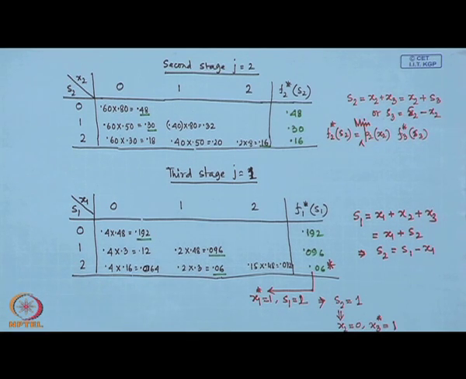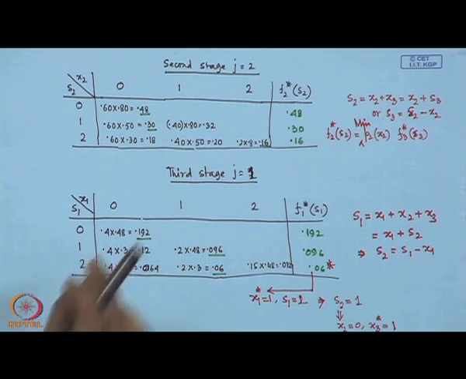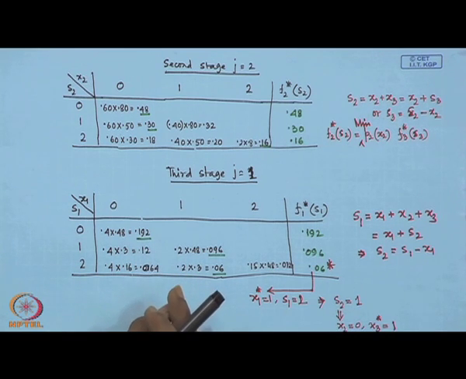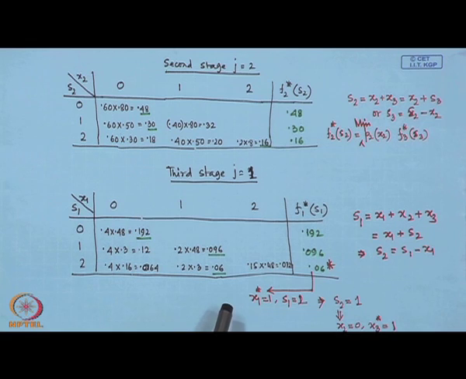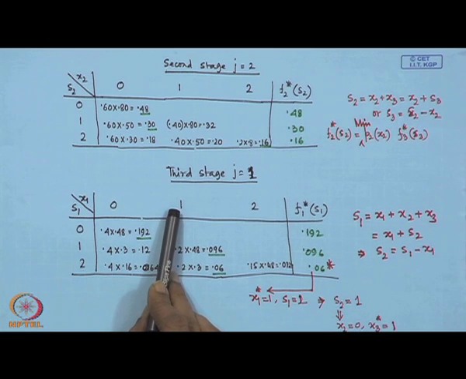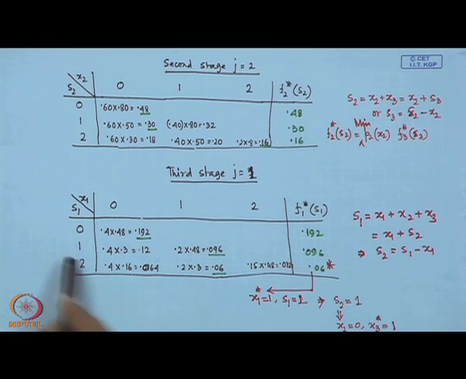Thus, this is the Bellman's principle of optimality. Whenever you are in the current stage, that is only dependent on the previous state optimal value, it is not dependent on anything else. The whole information about the current stage is the optimal values for the previous stage. That is why from here we are getting 0.06, we are getting x1* is equal to 1, that is optimal, and we got S1 equal to 2.